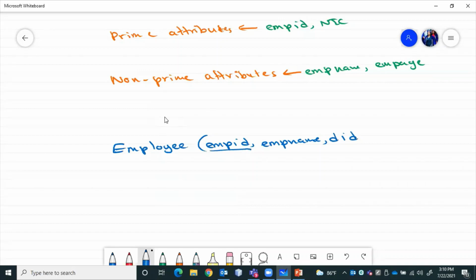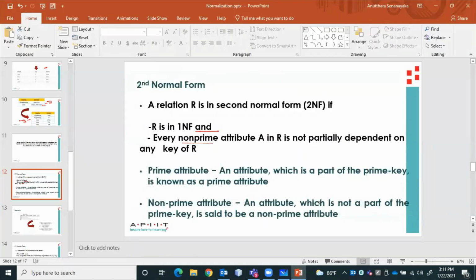These two are the primary keys, and we have the department name, and the age. So we have the employee ID and the department ID, the employee name, department name, and the age. Now, if you have noted it down, there was another term, partial dependency. We need to understand what this partial dependency is.